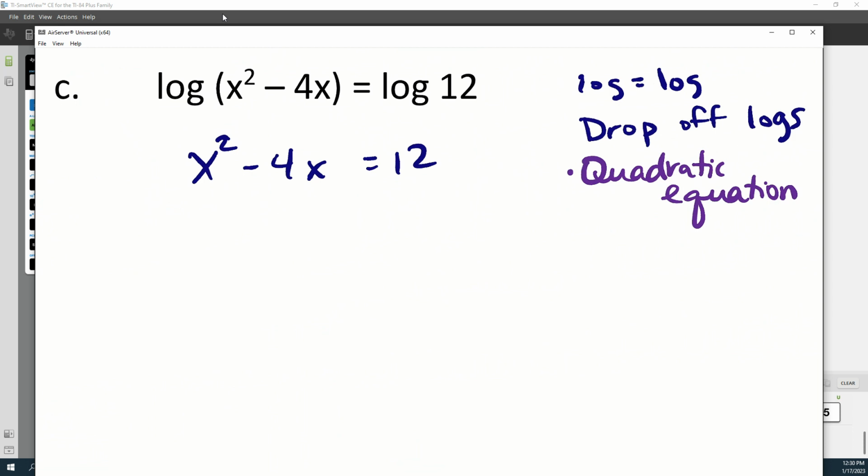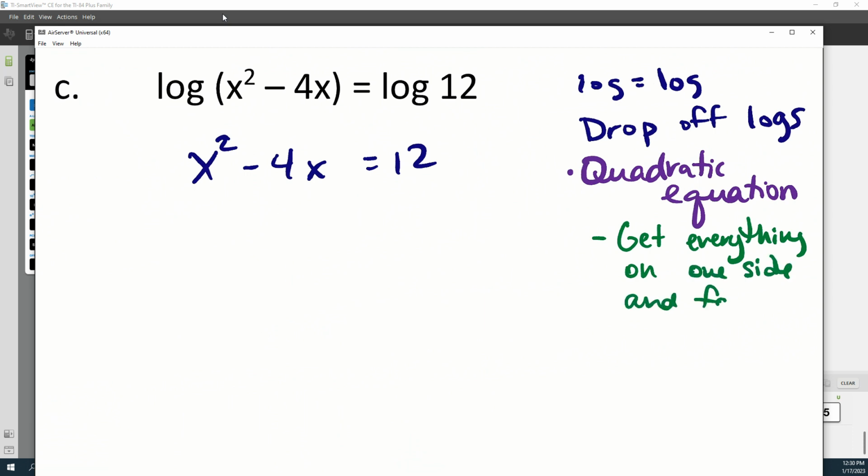And whenever we're solving quadratic equations in this lesson, we're going to get everything on one side and factor. Now, I know factoring is not most people's favorite thing to do.